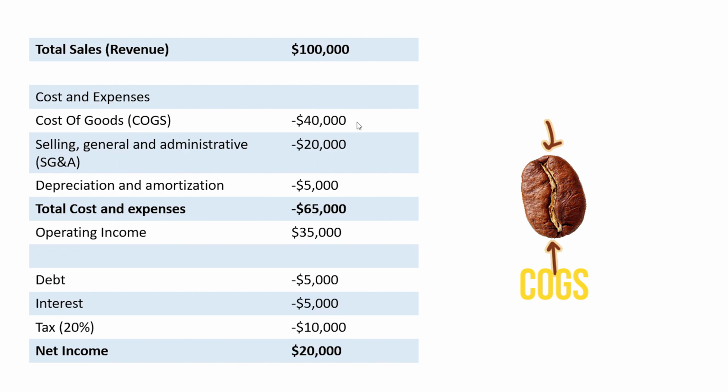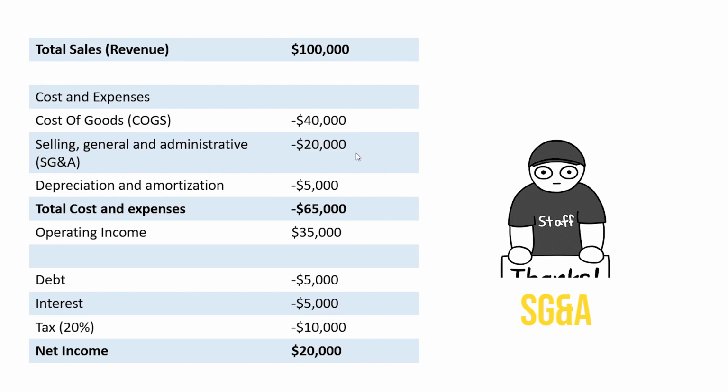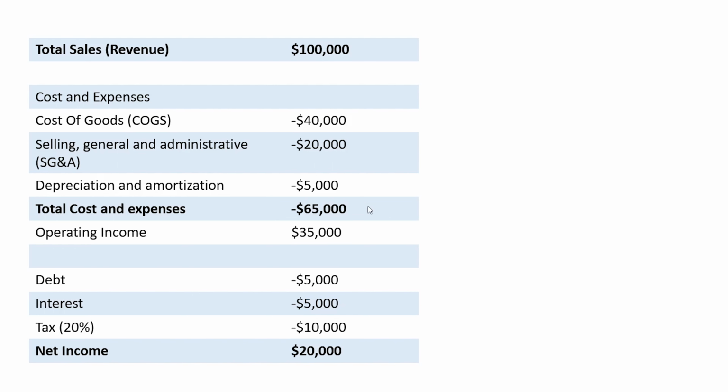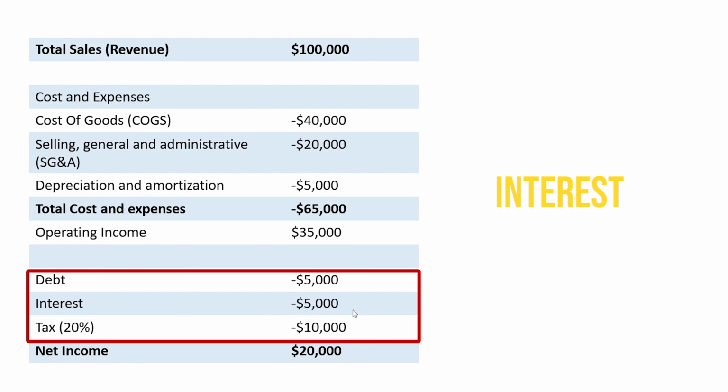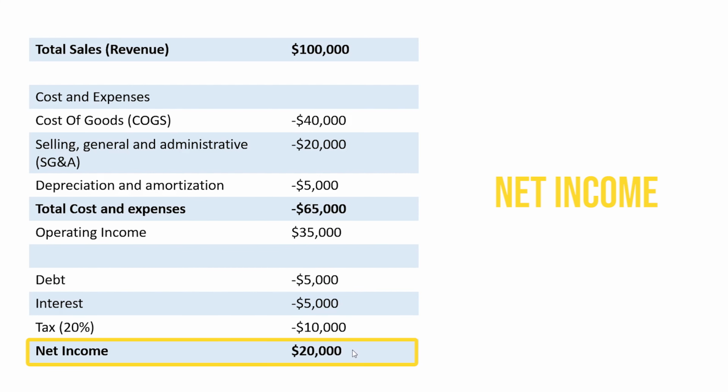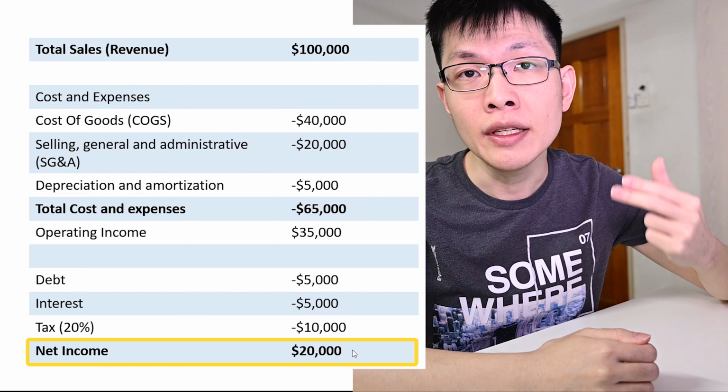After deducting the cost of goods, in this case the cost of the coffee beans, and the cost of hiring people and renting a shop, captured as SG&A or operating expense, deducting the depreciation of the coffee machine value, tax and interest, and so forth, after all this deduction, the company is left with 20,000. And this 20,000 is the net income.